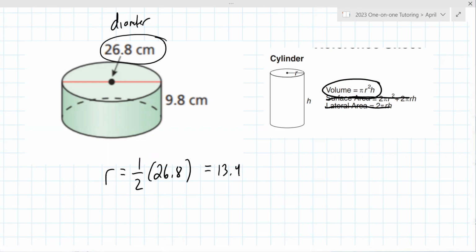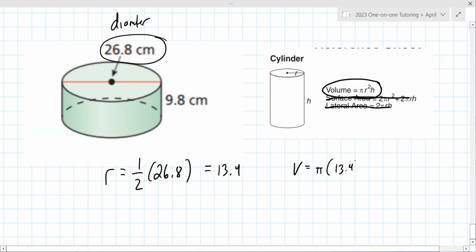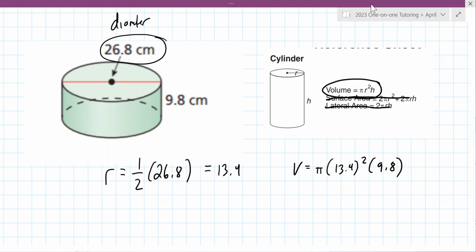So 13.4 is your radius. Your volume is pi times 13.4 squared times your height, 9.8. That's the final answer for volume. I don't need to solve it? You have to multiply that out. Oh, okay. And I would obviously be squaring the 13.4, correct?